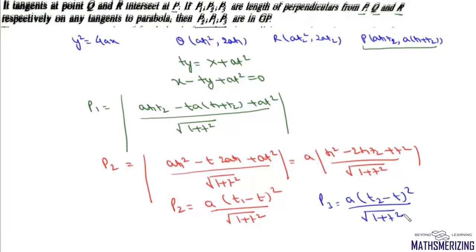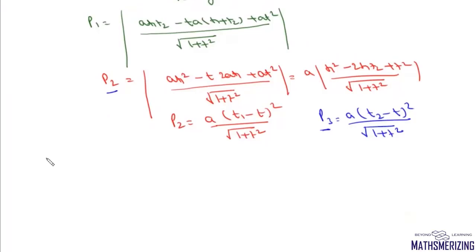Now we need to prove that P2, P1 and P3 are in GP. So we'll find P2 into P3. P2 into P3 will be a square, and it is (t1 minus t) whole square into (t2 minus t) whole square upon 1 plus t square.